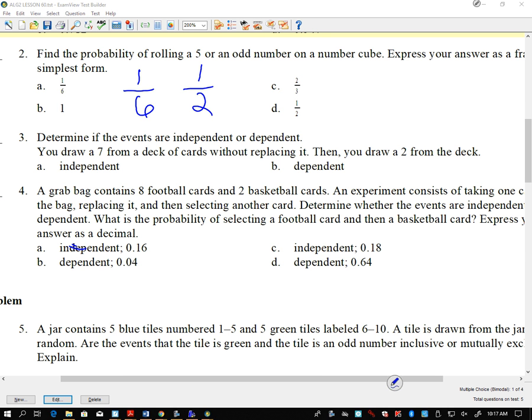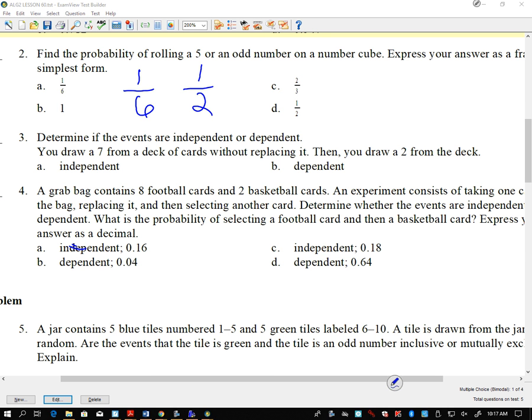Notice here's the interesting thing about it. Probability of rolling a 5. What type of number is 5? An odd. So are these mutually exclusive events? No. 5 is an odd.